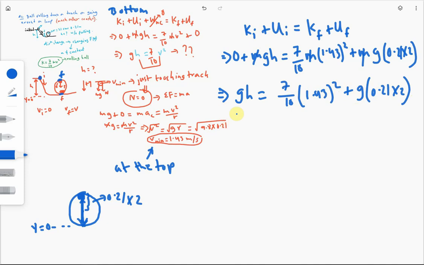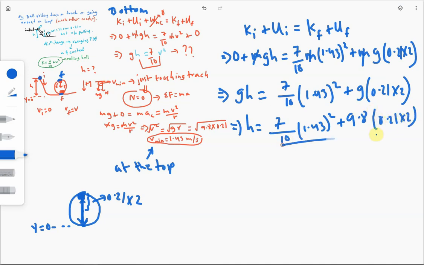We are solving for h, so h is equal to, dividing both sides by g, 7 over 10 times 1.43 squared plus 9.8 times 0.21 times 2, this whole thing divided by 9.8. h then comes out to be 0.57 meters or 57 centimeters.